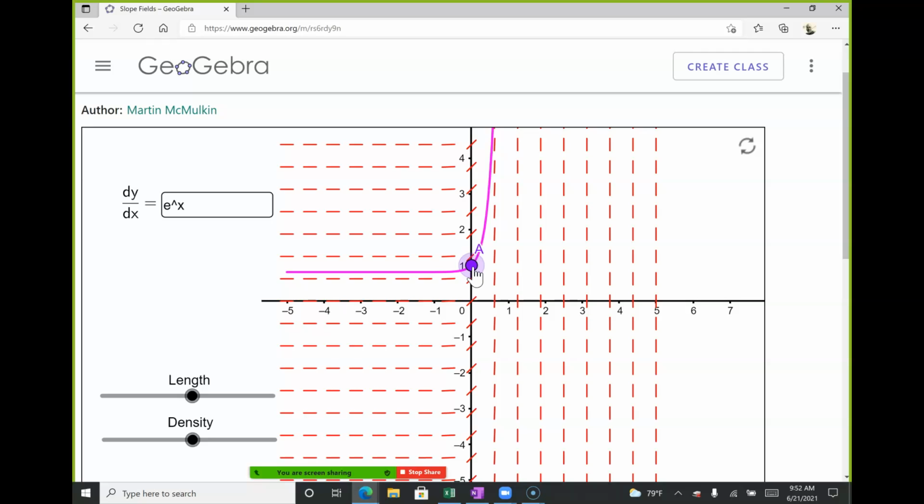We know e to the x looks a little different than this, right? But it's getting us the general idea of where the families are. And you can see all the families that are just e to the x plus 5, e to the x plus 4, e to the x plus 3, right? You can see all of the families there. And of course, I'm starting with a really super simple example, and of course they get complicated, okay?